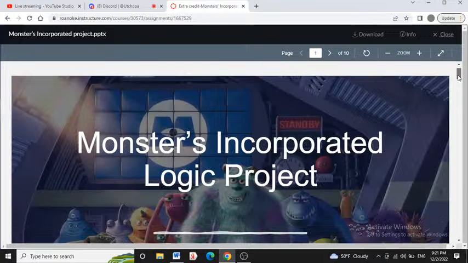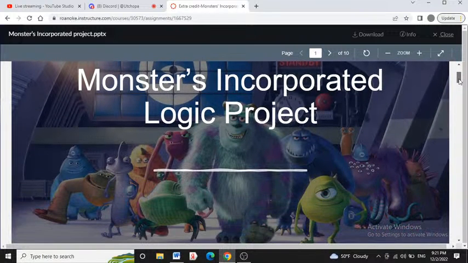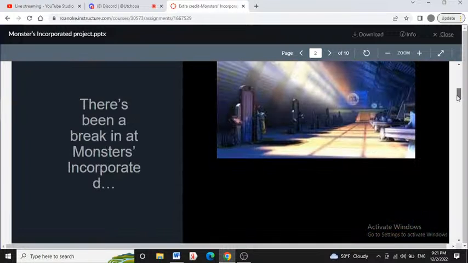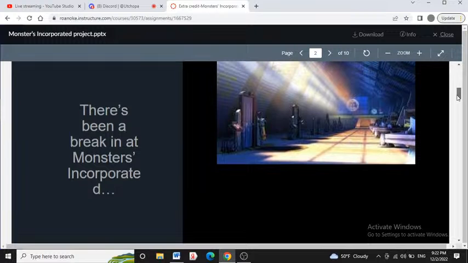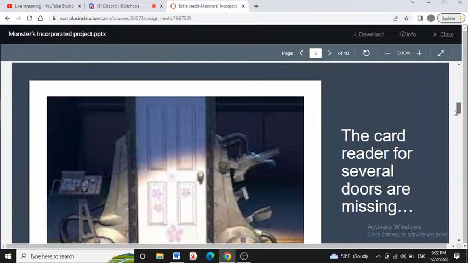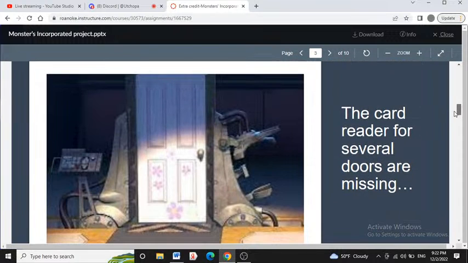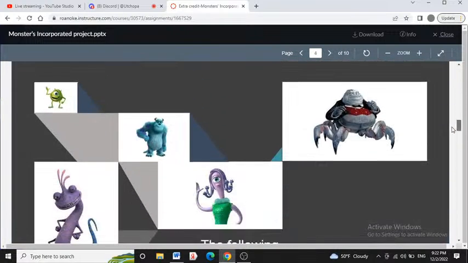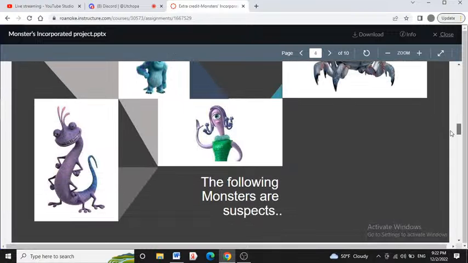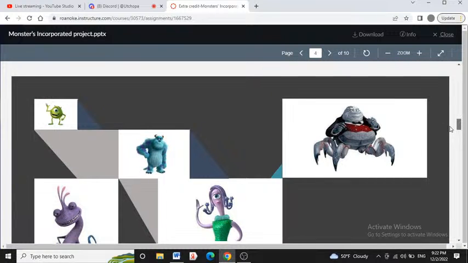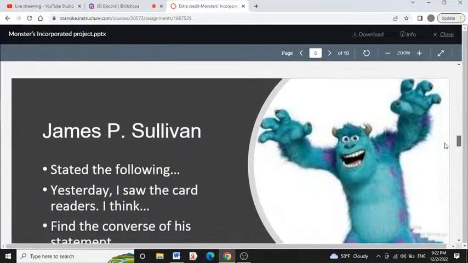So they give this example with a Monsters Incorporated logic project, right? They give this story like, there's been a break in at Monsters Incorporated. The card readers for several doors are missing. The following monsters are suspects, and they give five monsters.